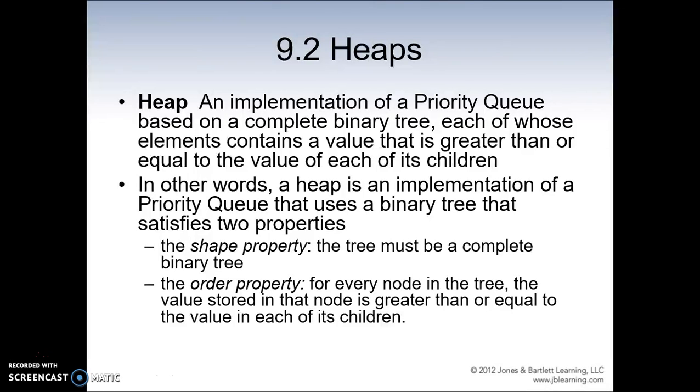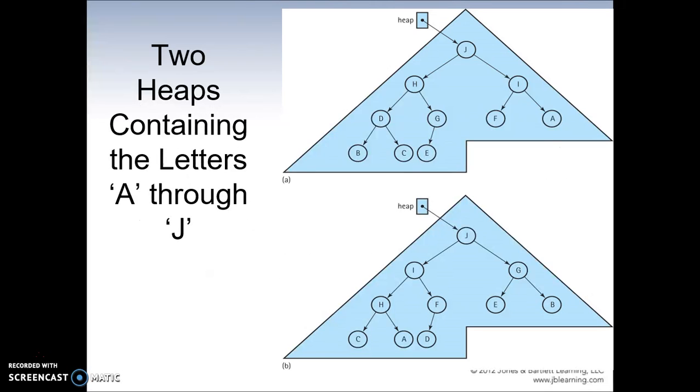So let's look at an example. This is a heap because the shape is complete, and this is the binary tree, right?